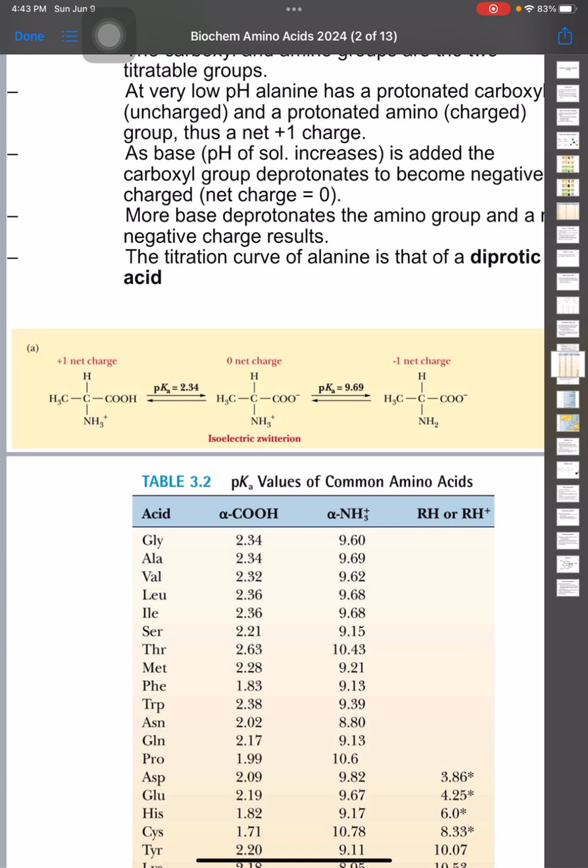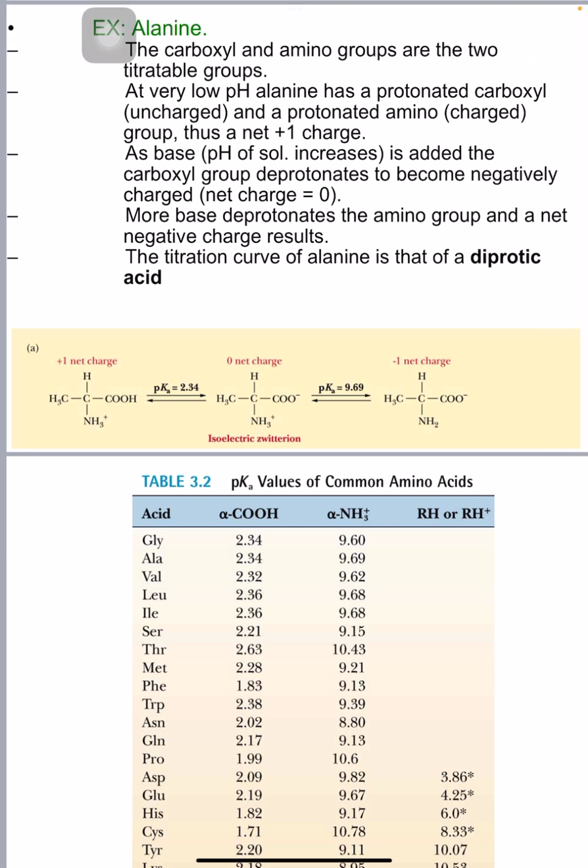All right. Now, if we look at the chart, our next pKa for alanine is 9.69, right? And that's basically the pH that you have to exceed to deprotonate your amino terminus. So once we get higher than that pKa, not only is your carboxy negatively charged because it's fully deprotonated, your amino terminus has also been deprotonated.